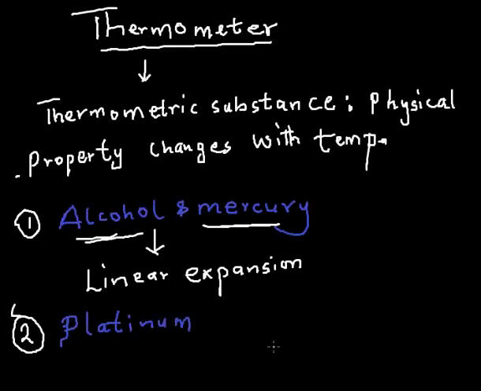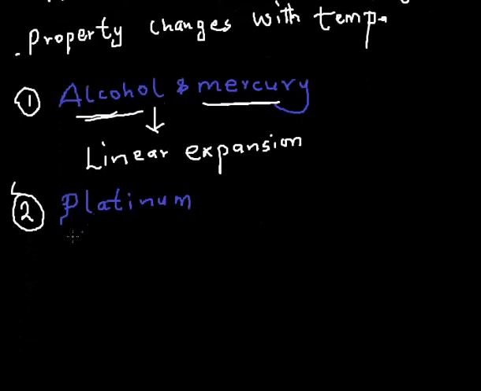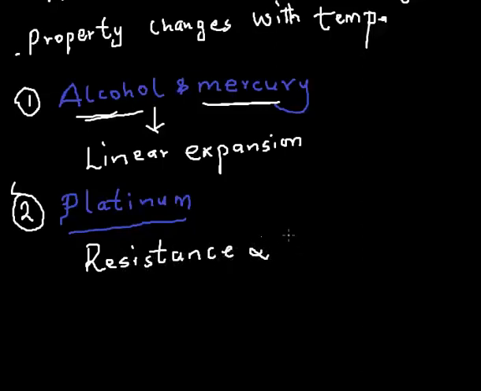So what is the property of platinum that changes with temperature? The property is the resistance. So the resistance of platinum changes with the change in temperature, so I can use that to construct a thermometer.